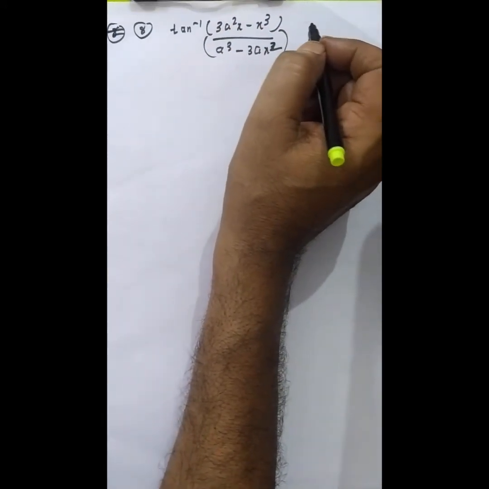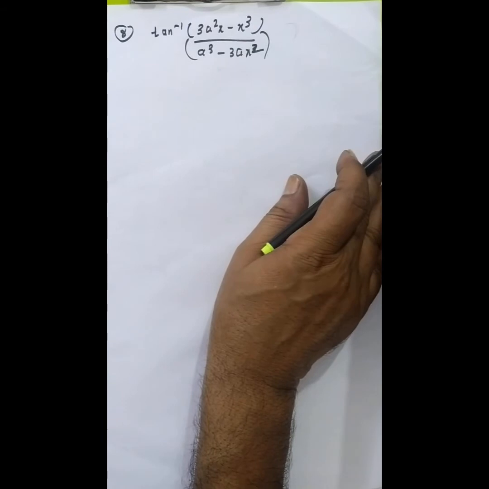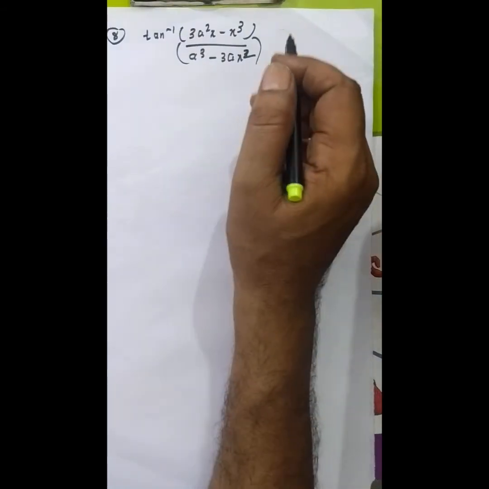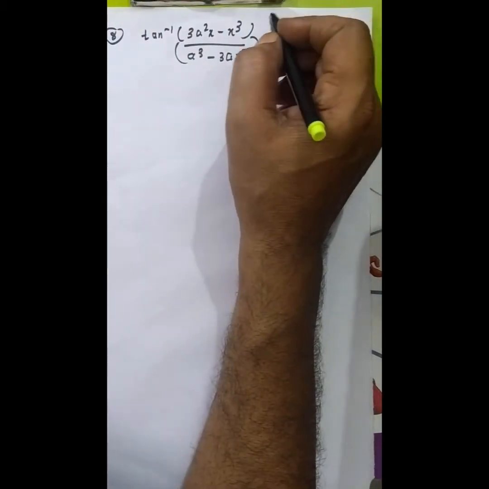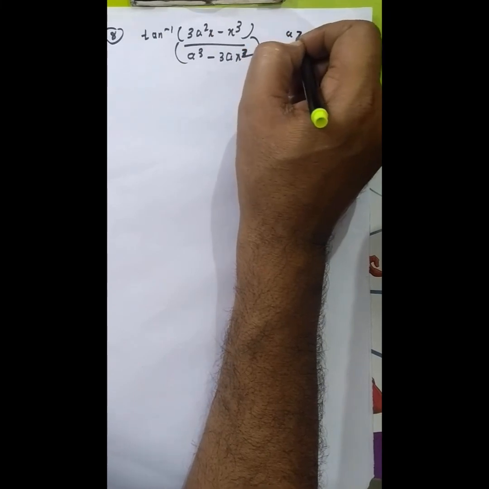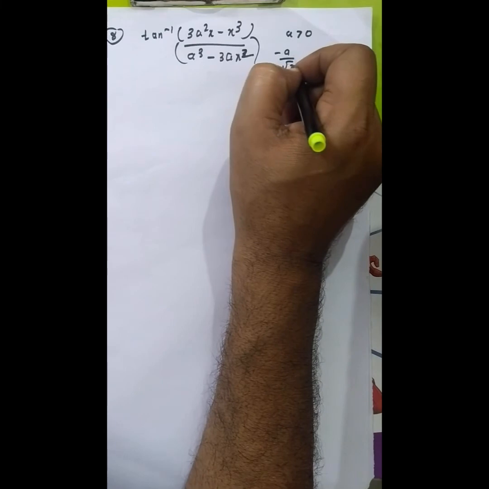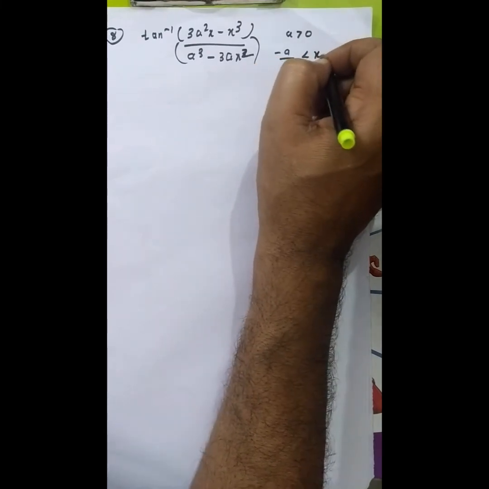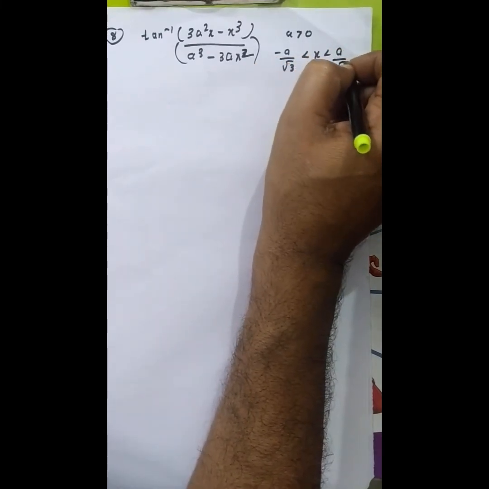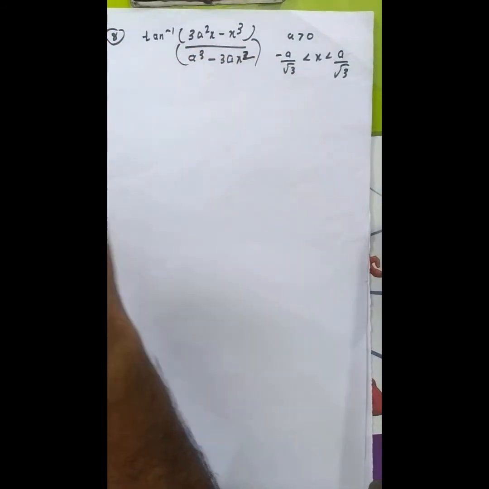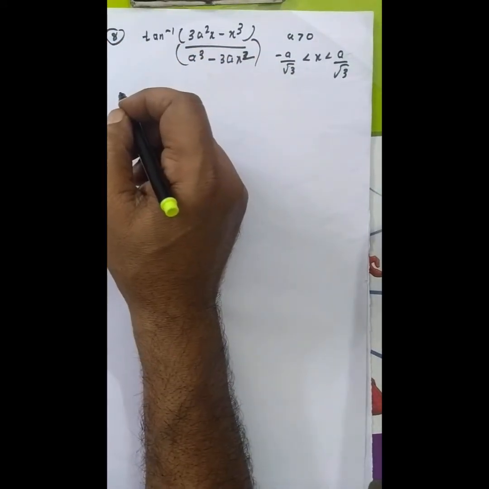So tan inverse of 3a square x minus x cube divided by a cube minus 3ax square, under the condition where a is greater than 0 and minus a by root 3 is less than x less than plus a by root 3.